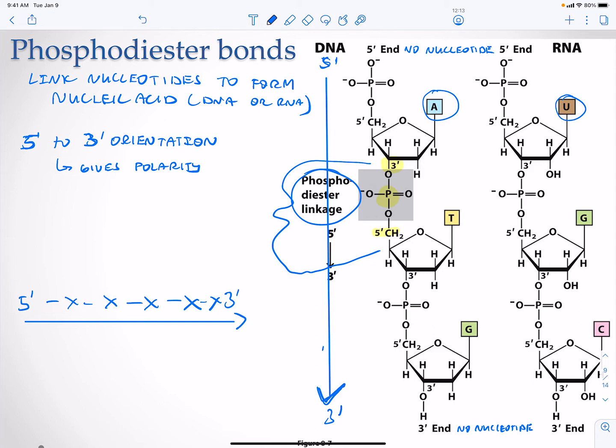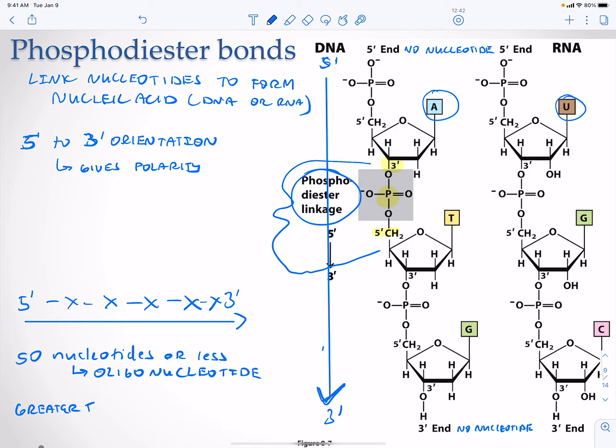Now, a short nucleic acid of about 50 nucleotides or less is going to be an oligonucleotide. And if you have longer nucleic acids, so greater than 50, this is going to be a polynucleotide.